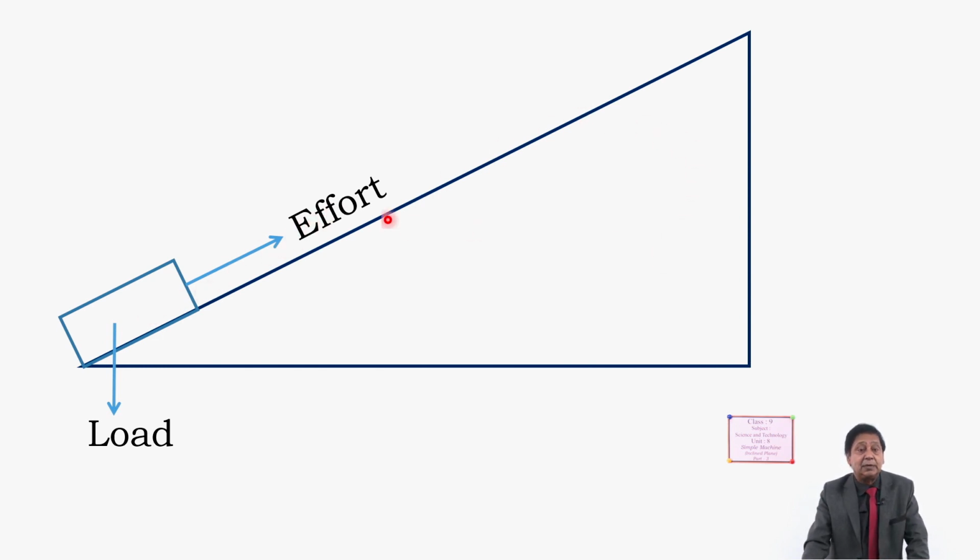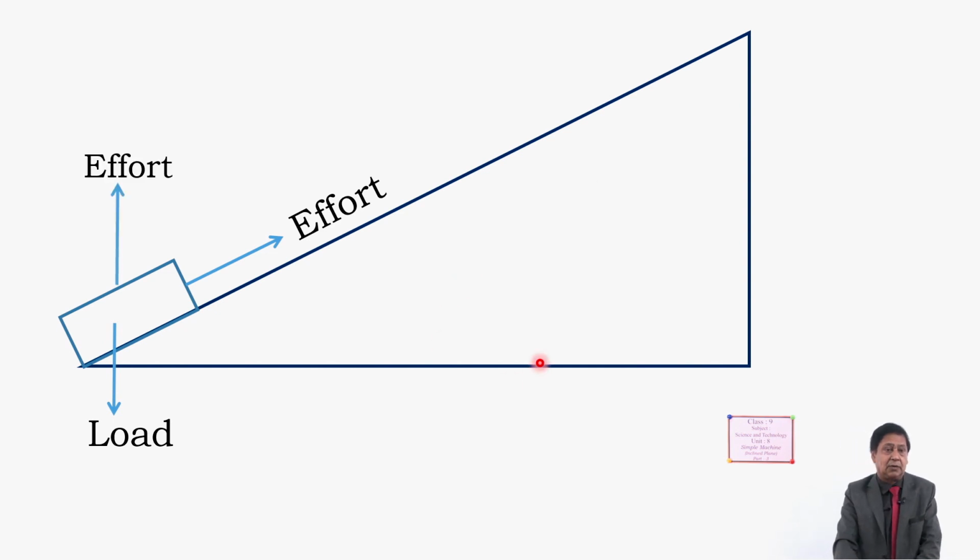If inclined plane was not used, then certainly direction of force will be vertically upward like this. So because of the use of this inclined plane, direction of force is changed to this direction instead of vertically upward. This is a convenient direction for us.